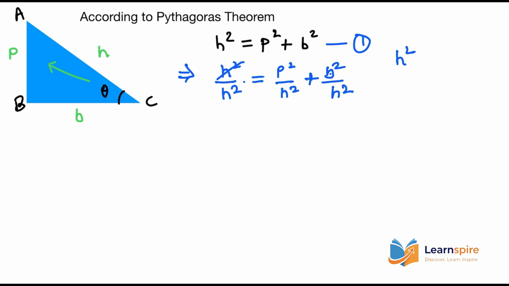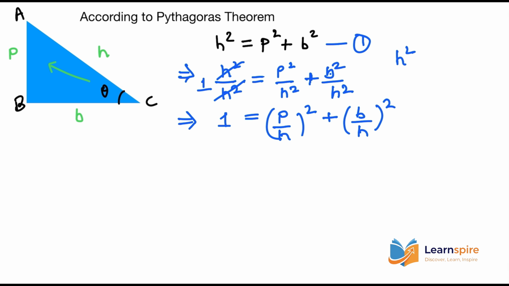Now, this will be equal to 1. So we have 1 equals P upon H whole square plus B upon H whole square.